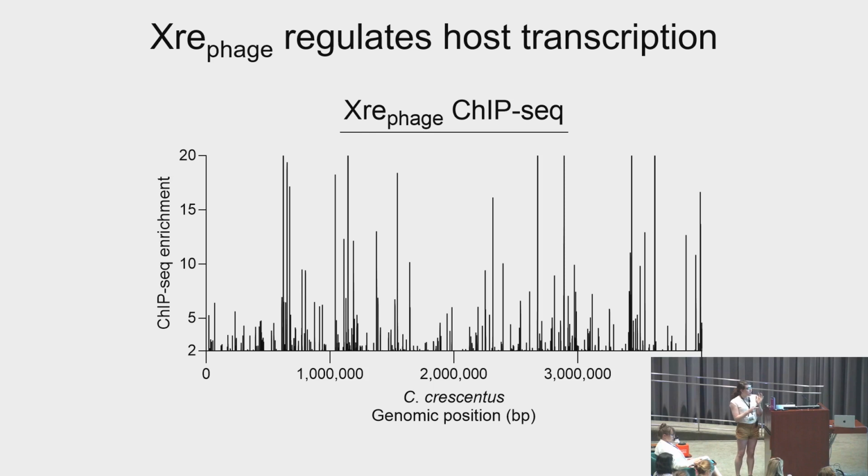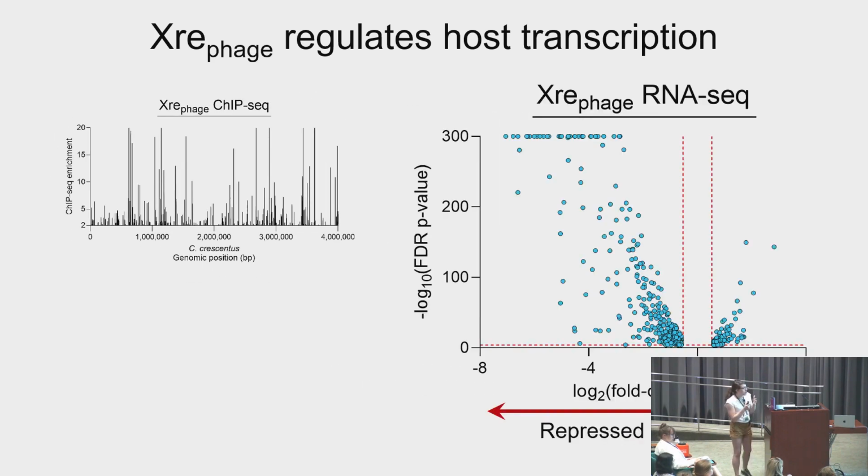We can also start to look at whether or not this XRE actually influenced gene expression using an RNA-seq experiment where we just overexpressed this phage protein in Caulobacter and looked for which genes were differentially regulated. On the x-axis, we have the log fold change, and on the y-axis is the FDR p-value, the false discovery rate. There were about 444 differentially regulated genes when we overexpressed this protein.